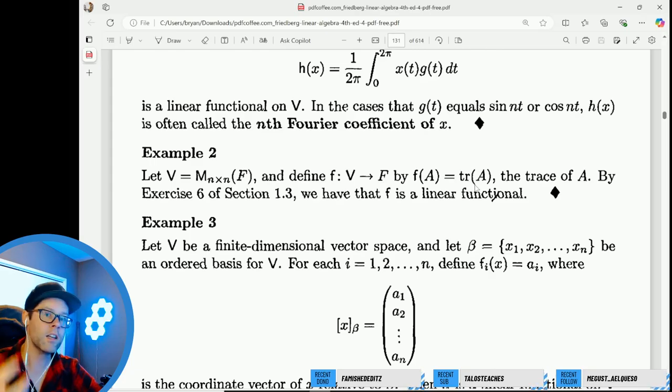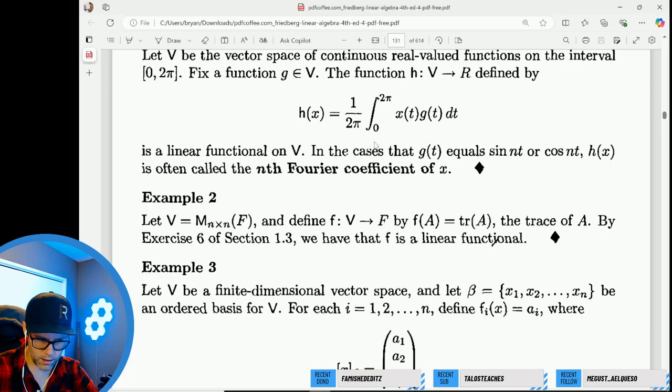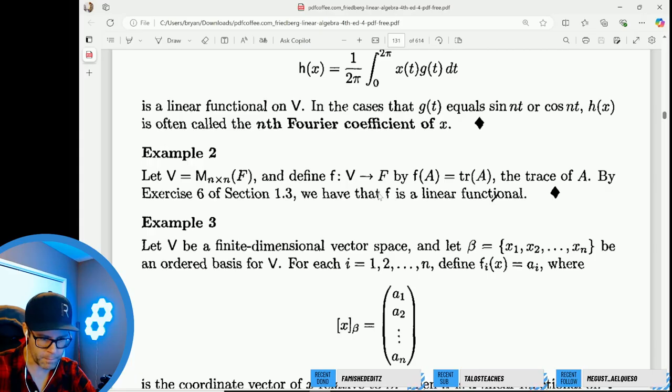So trace is a nice linear operation. This one might need a little bit of work. Is this one obvious that it should be linear? Yeah, I think so, right? Because integrating is a nice linear operation, so this should be a linear operation as well.